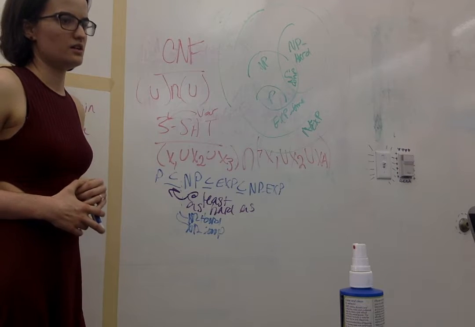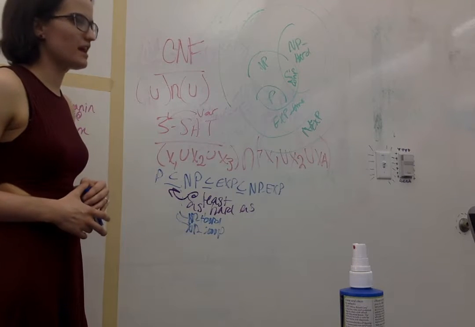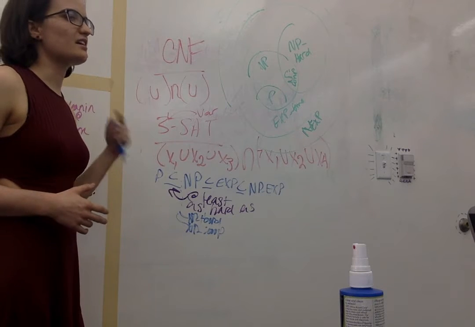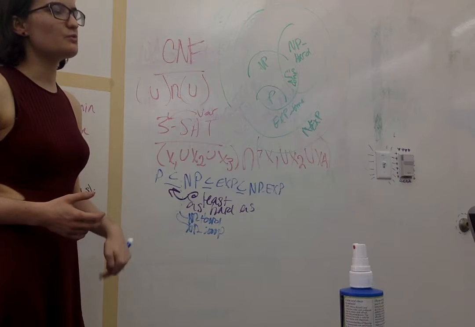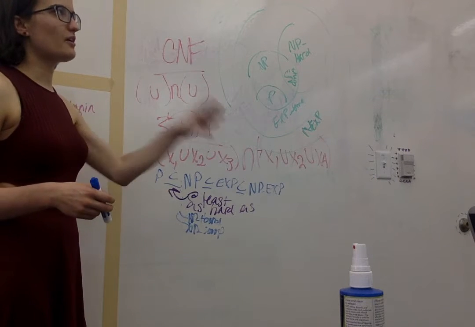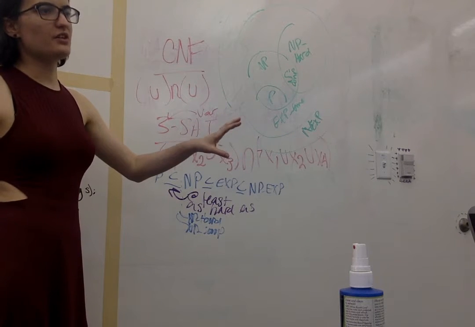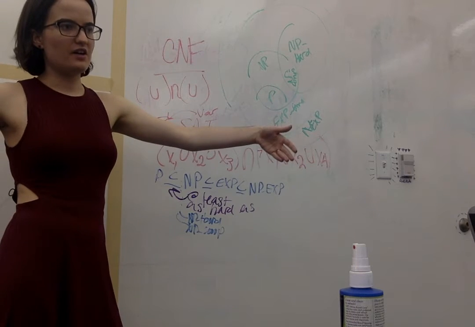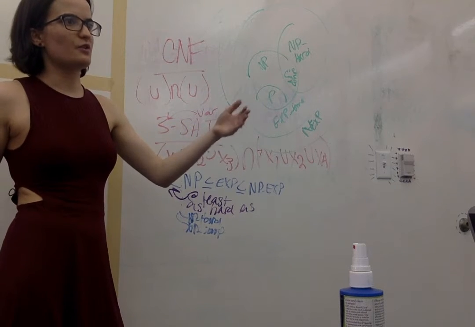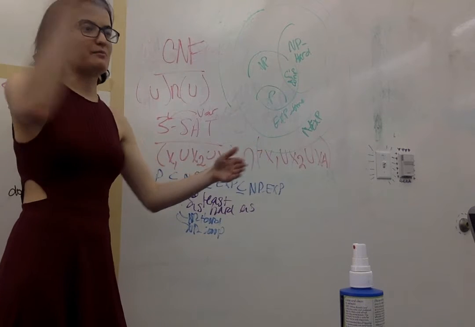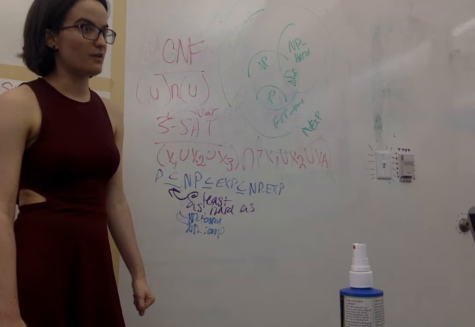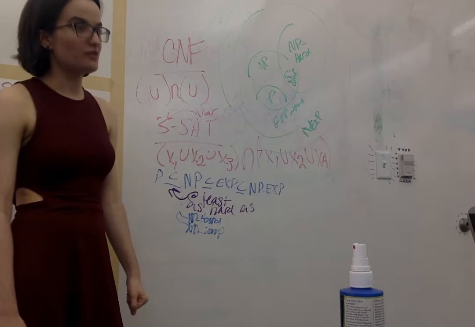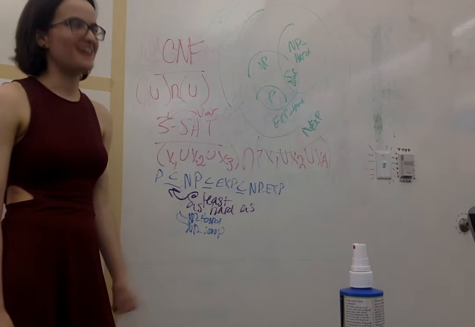NP completeness, I feel like, was one of the worst parts of the class, because there's the saying it aloud part, which is hard, and then there's the understanding, which is hard, and then there's reductions. When I took algo, I had a bad 311 professor, so there was this huge gap of knowledge. I never learned how to do induction over a graph, and all of a sudden I was supposed to know how to prove it. I went to my TA and said I've never done induction over a graph before, and that's why my homework looks like I've never done it before, because I haven't.